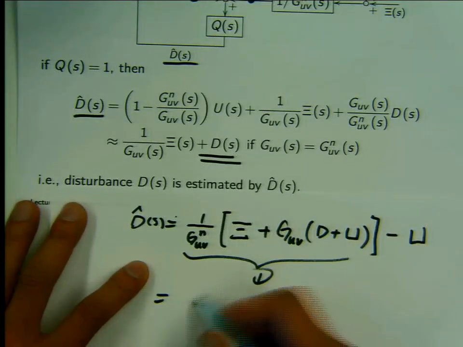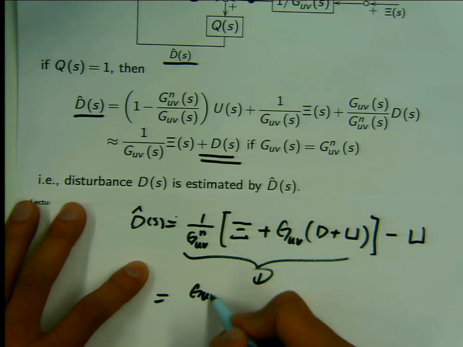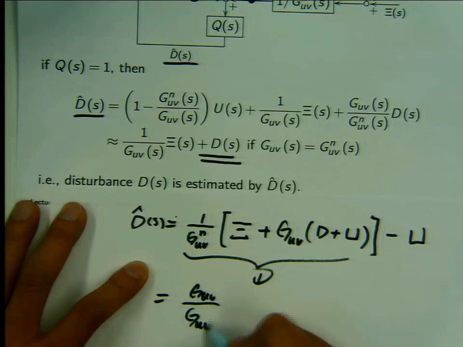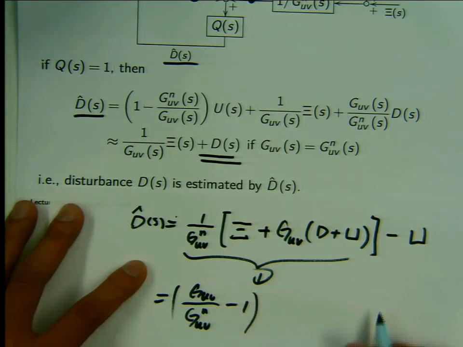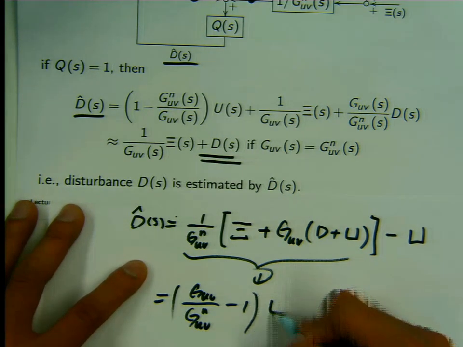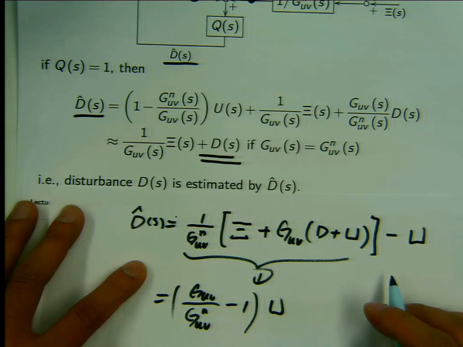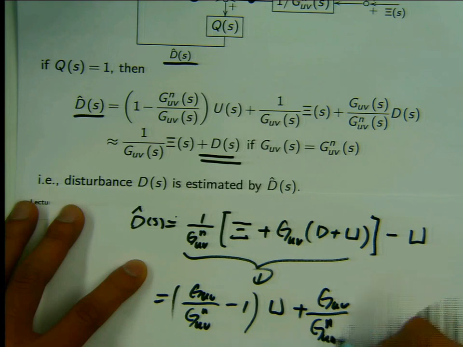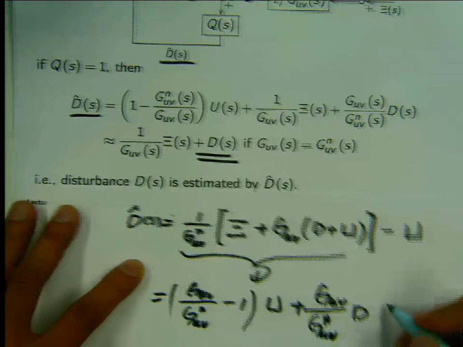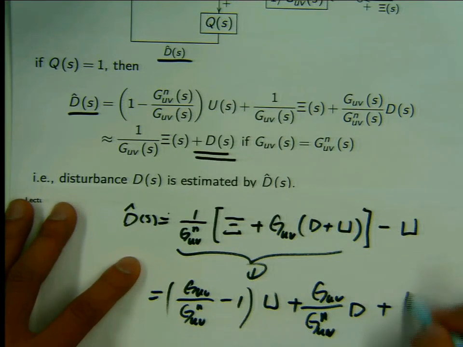Massage the terms. I'm going to combine the terms about U. I have GUV divided by GUVN minus 1. I may have even more typos here. U plus GUV divided by GUVN D plus 1 divided by GUVN psi.